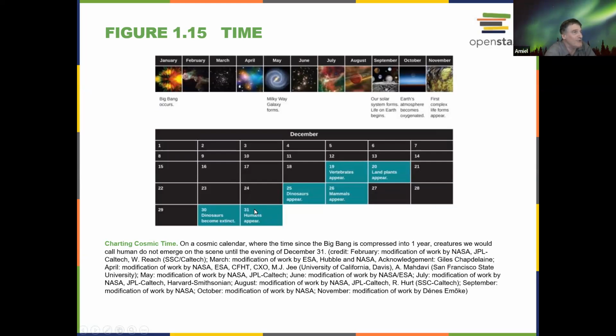And on December 31st, it's actually just a few seconds before midnight, human beings appear. So in the cosmic calendar, compressed the entire history since the Big Bang, human beings would only appear at a few seconds before midnight on December 31st. We just got here.